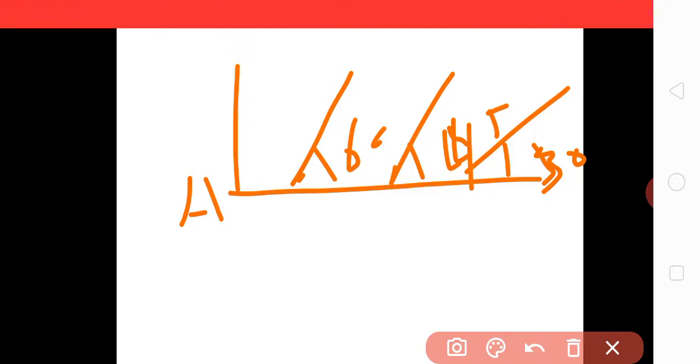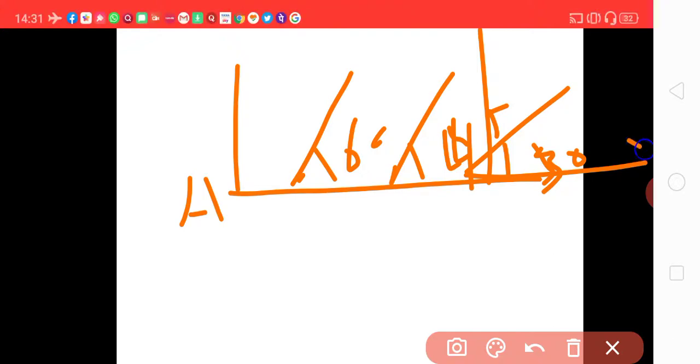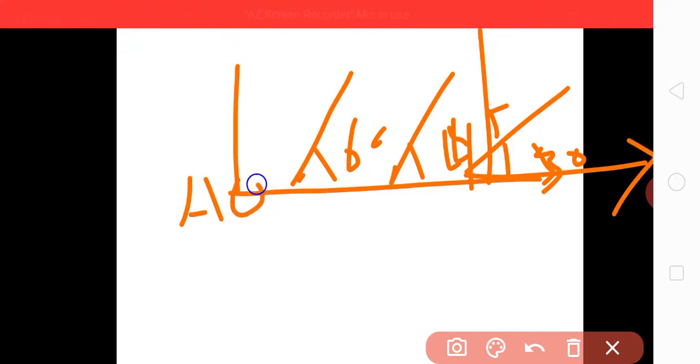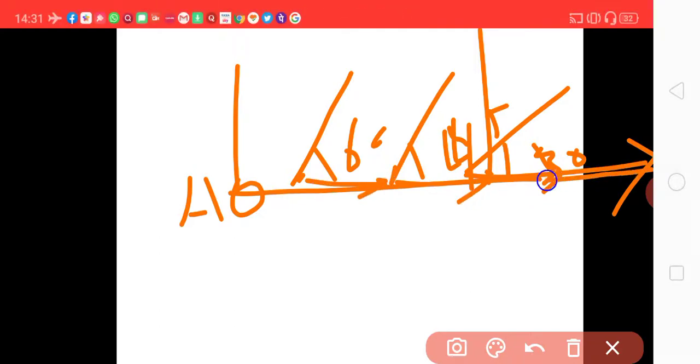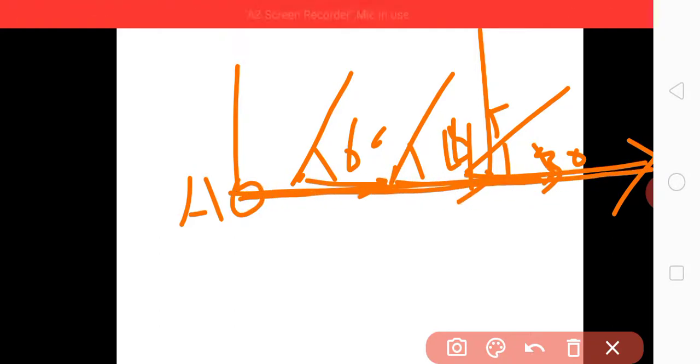Now, when we resolve these forces horizontally and vertically, the line of action of the horizontal components of these forces is passing through the point of reference. So their moment about this point will be 0. As you know, moment is equal to force into perpendicular distance to the line of action.